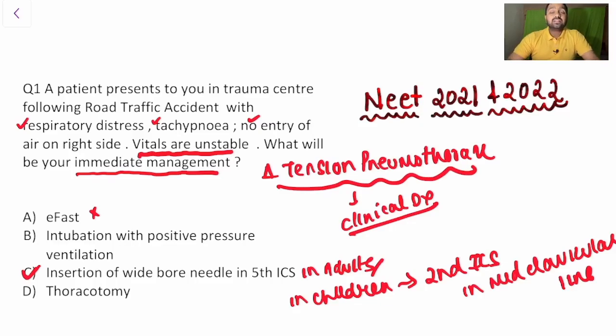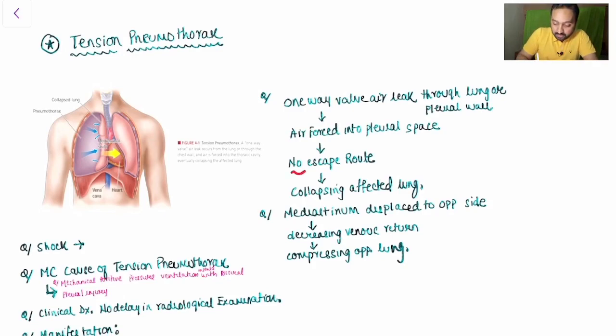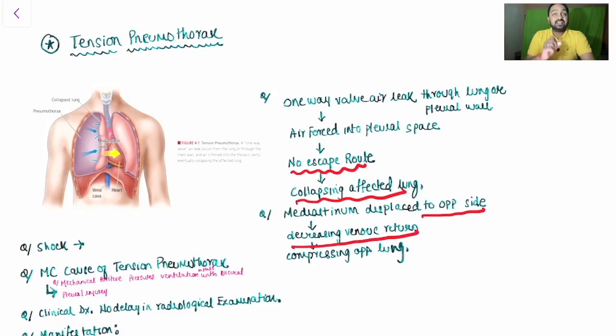So let's take a look at some of the important points of tension pneumothorax. Tension pneumothorax is a one-way valve air leak through the lung or the pleural wall, where air is forced into the pleural space, as a result of which there is no escape route, leading to the collapse of the affected lung. Now, the mediastinum is displaced to the opposite side, causing a decrease in the venous return and causing the compression of the opposite lung.